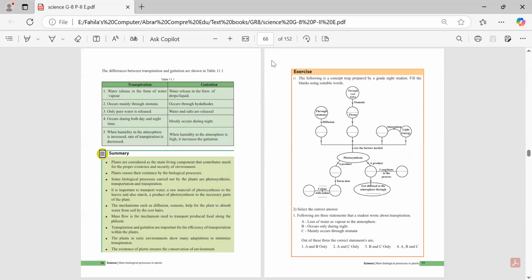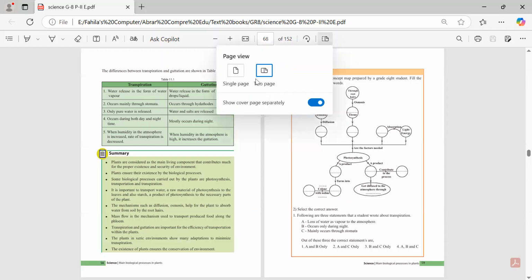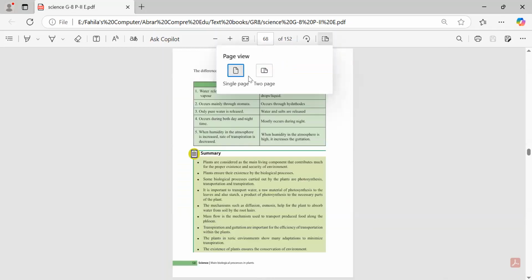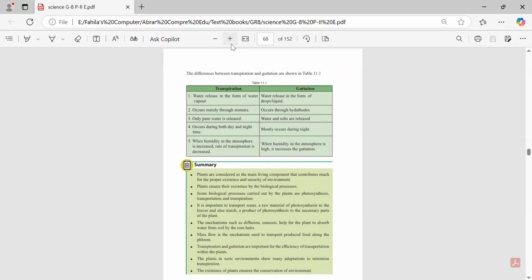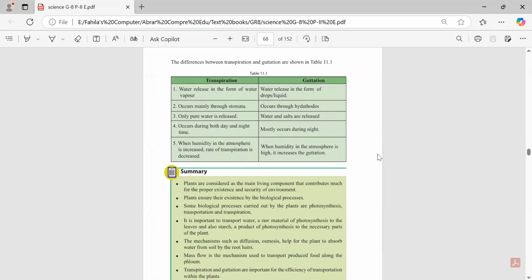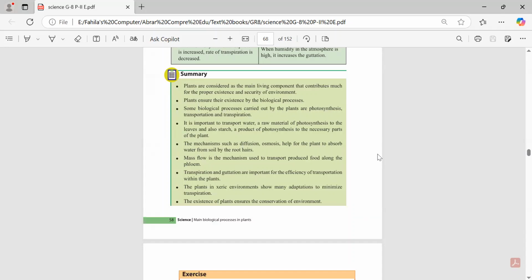Now, go through the summary, please. Start reading the summary. Plants are considered as the main living component that describes much for the proper existence and security of an environment. Plants ensure their existence by biological processes. Some biological processes carried out by plants are photosynthesis, transportation, and transpiration.